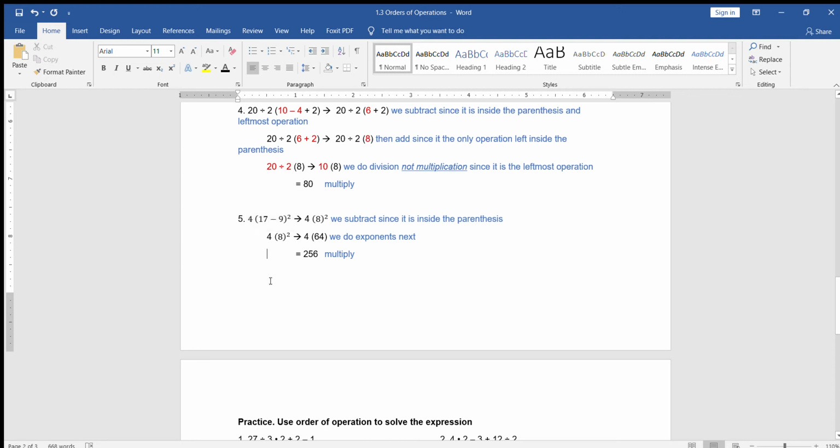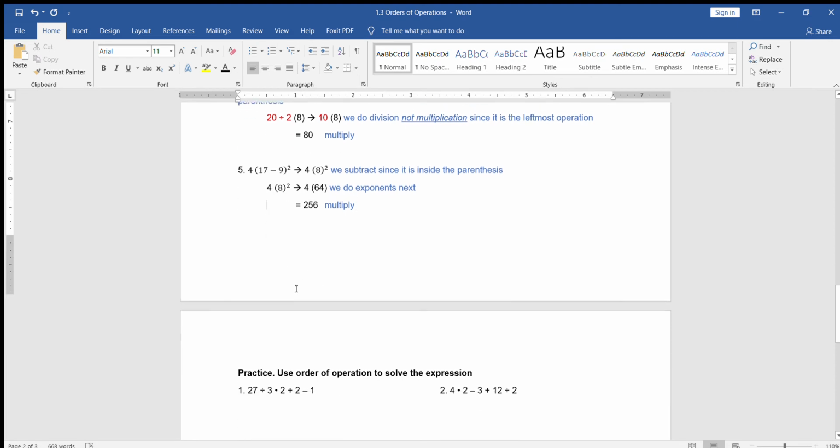Well, first thing first, we don't do the exponent. We do the thing inside the parentheses, 17 minus 9, which is 8. Now the second thing is we do the exponents. 4 times 8 squared. 8 squared is 64. 4 times 64 is 256.